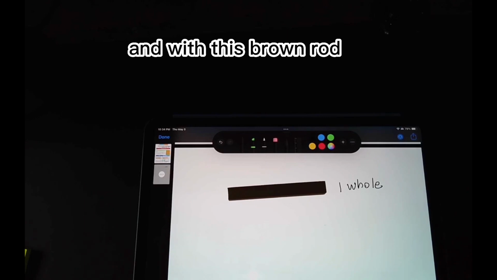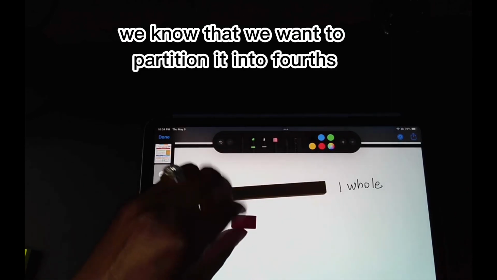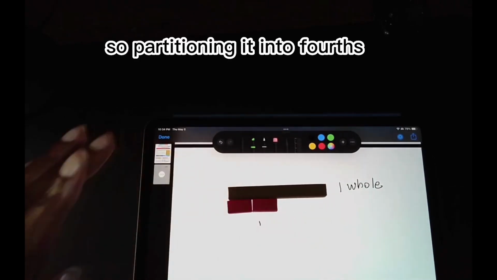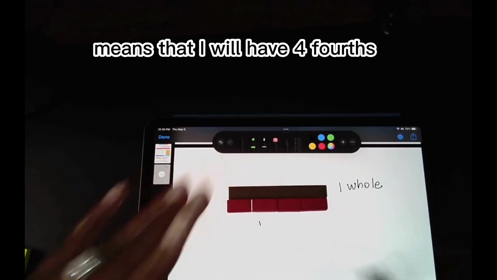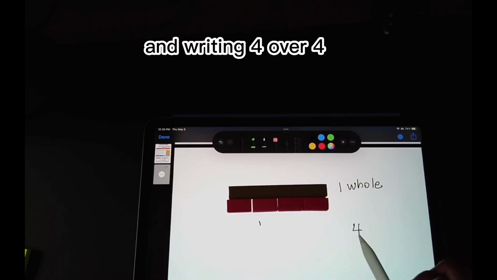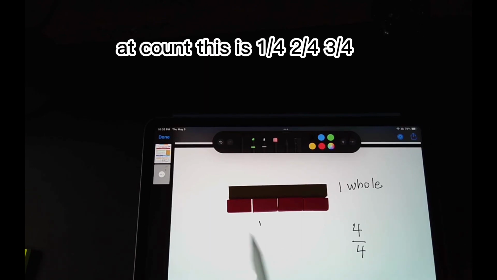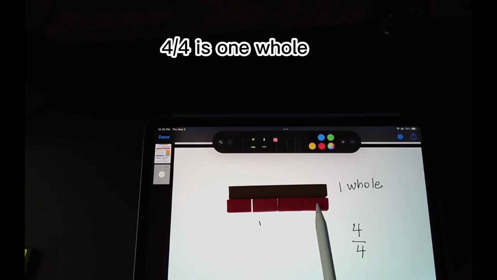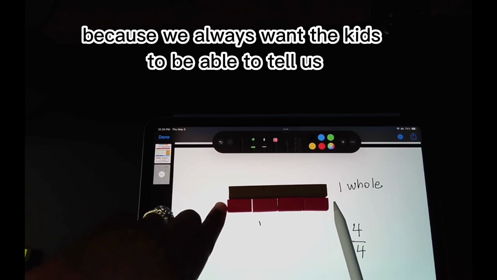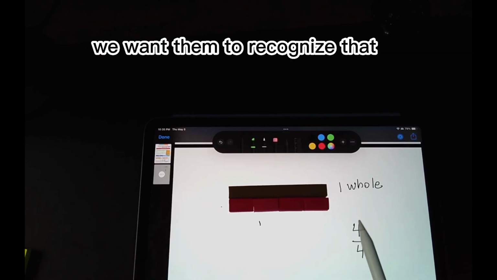With this brown rod, we want to partition it into fourths, which means I will have 4/4. So instead of counting 1, 2, 3, 4, I'd count 1/4, 2/4, 3/4, 4/4. 4/4 is one whole, because we always want the kids to be able to tell us when they've made a whole.